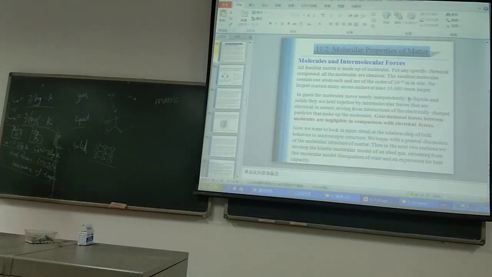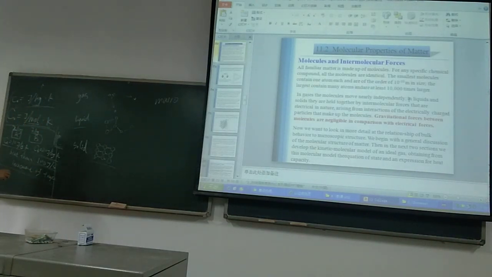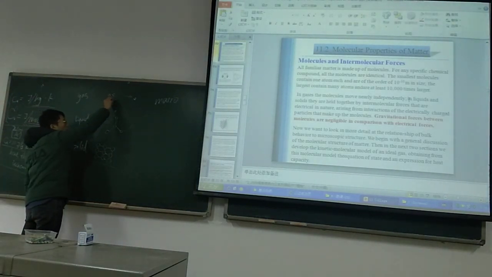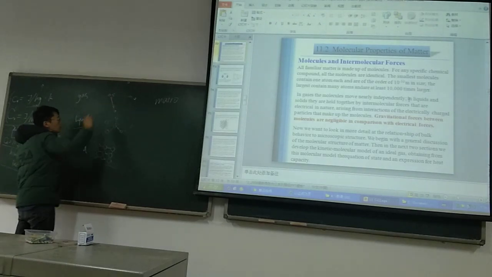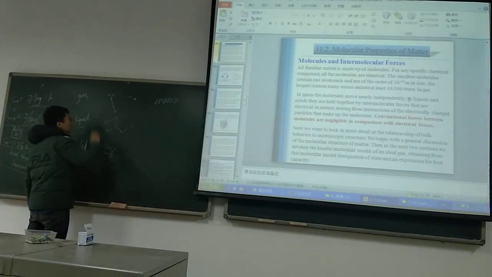Then, one difference between them is the interaction of the molecules that constitute them. And the second difference is the distance between molecules.